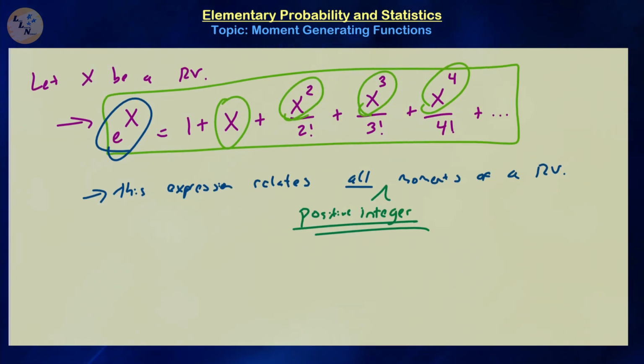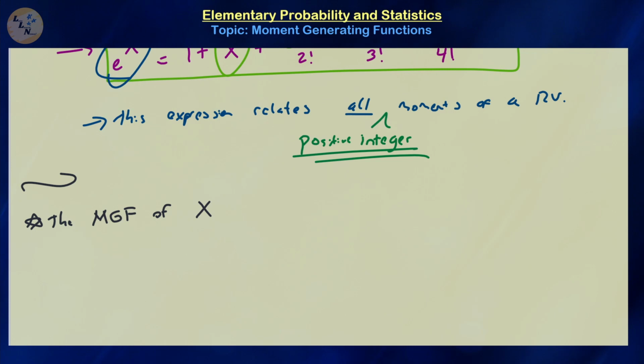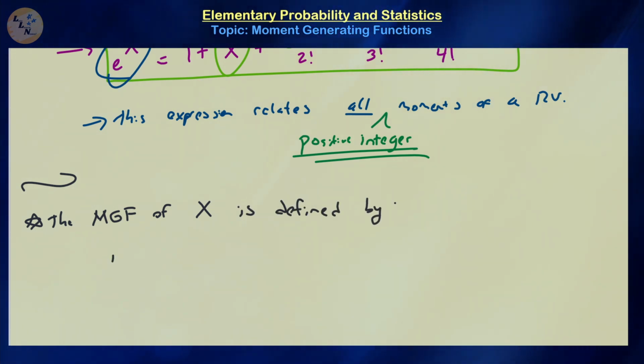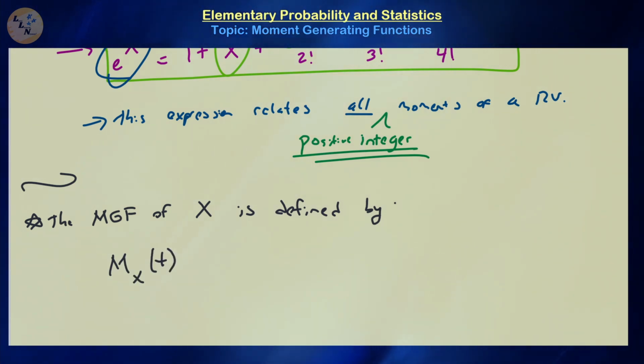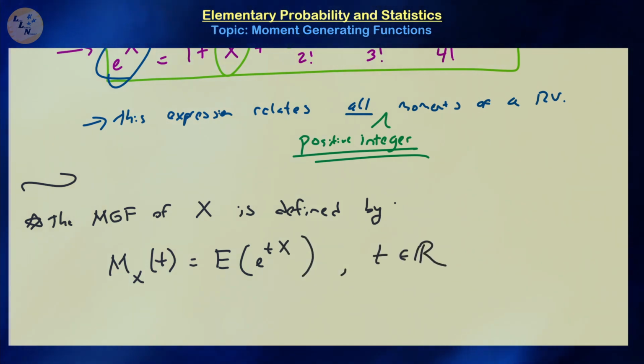So with this observation, this then motivates the creation of what we call a moment generating function. So let's define what that is. The moment generating function of the random variable X is going to be defined by M_X, the moment generating function for random variable X, and it's going to be of some parameter t, and it's going to be equal to the expected value of the random variable e to the t capital X, where t is just some parameter, which we'll discuss momentarily.